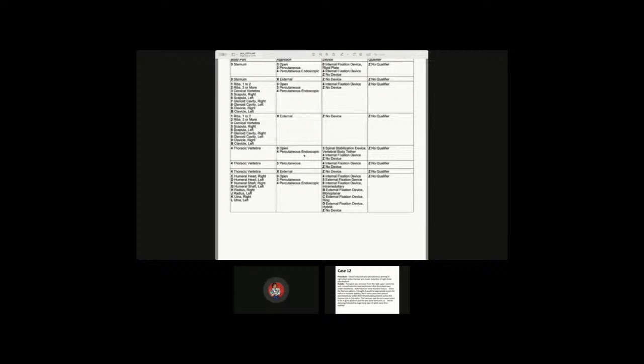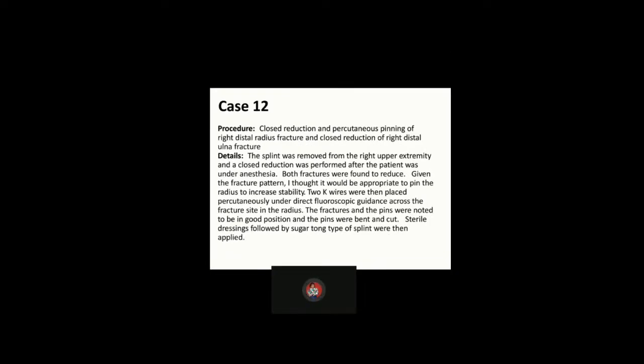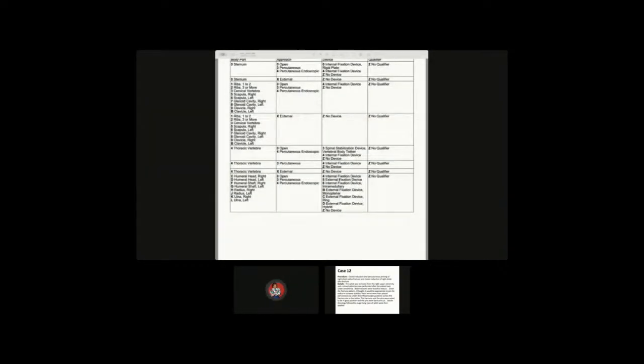Remember, they said both fractures were found easy. And let me just pull it up so you can recall it. So both fractures were found to reduce. So they did a closed reduction on both fractures, but then on the radius, they had to do that pinning, which is how we got to this decision here.